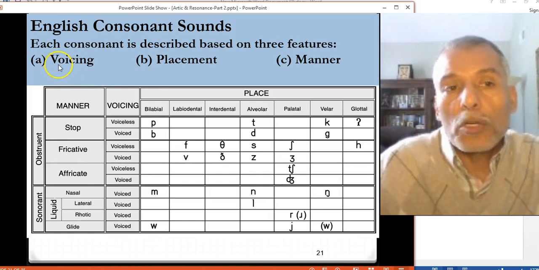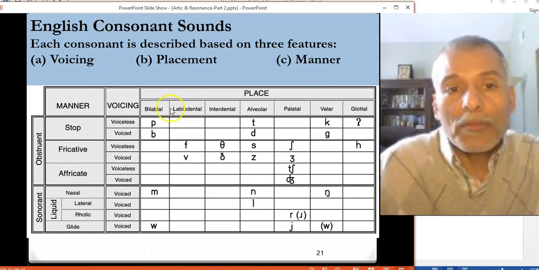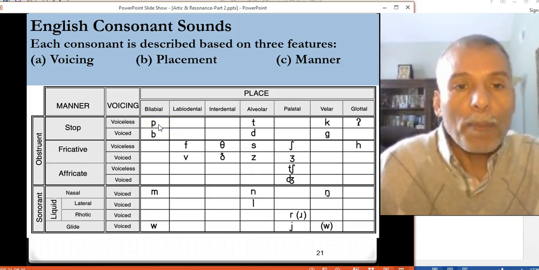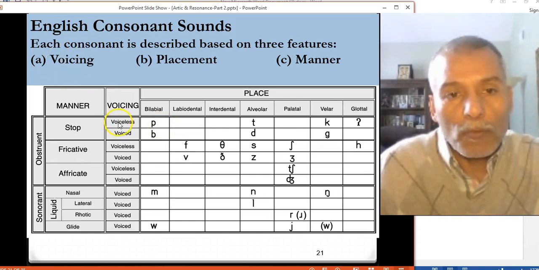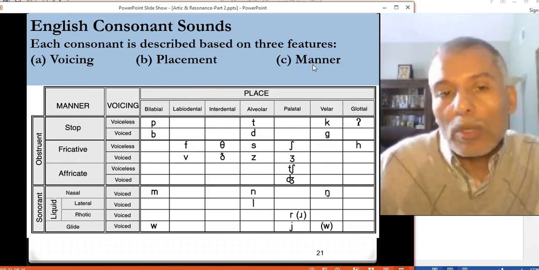You first say, is it voiced or voiceless? Where is it produced? And the manner. And you just give it in the way that I'm describing here. Let's look at the p. Is it voiced or voiceless? It's voiceless, and now placement: bilabial. Voiceless, bilabial. And then what does it sound like?